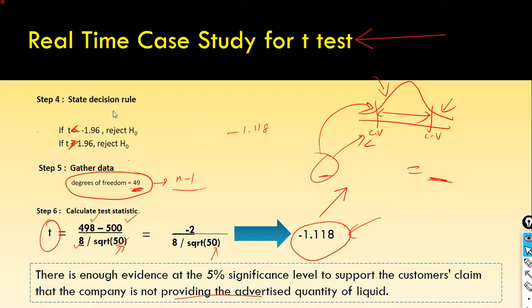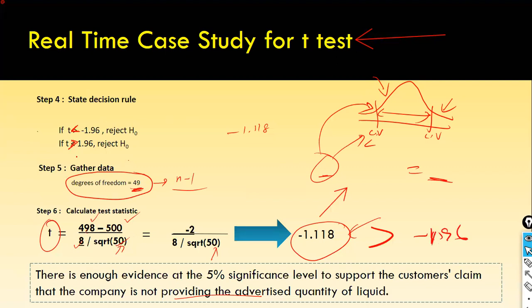For your understanding I said we are going to accept the null hypothesis, but we never say that. In statistics language, we say fail to reject the null hypothesis, since minus 1.118 is greater than minus 1.96, which is your critical value.